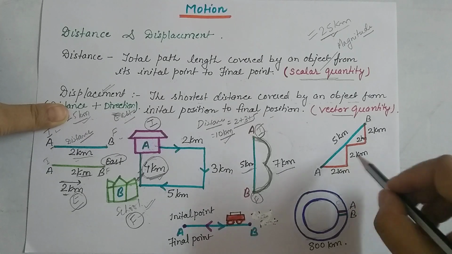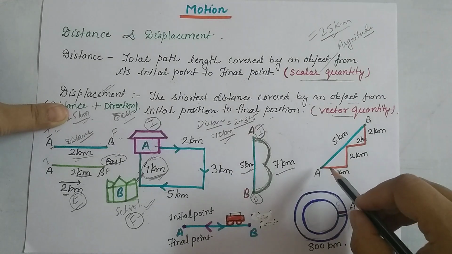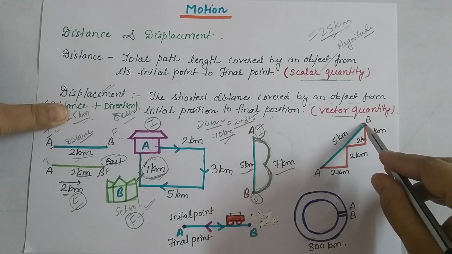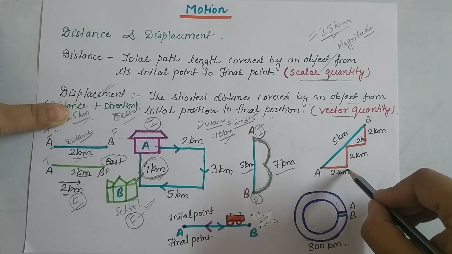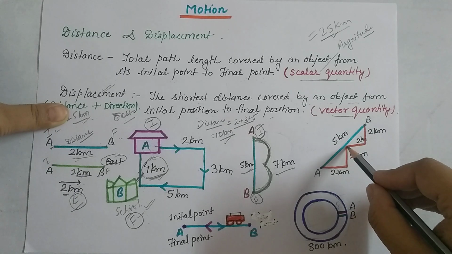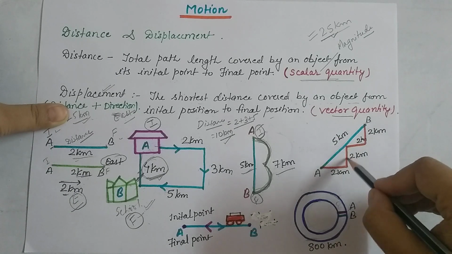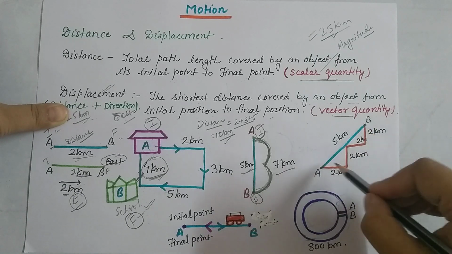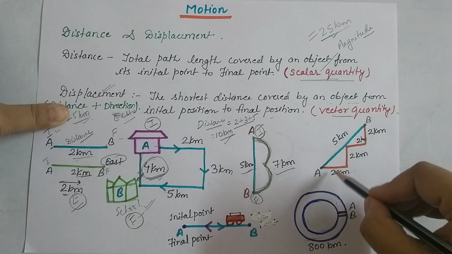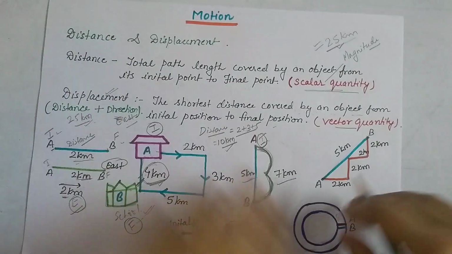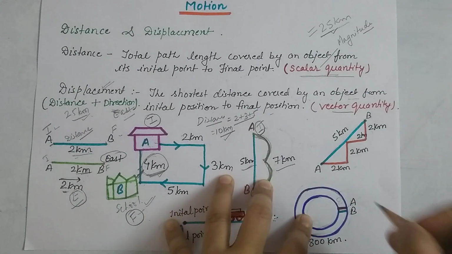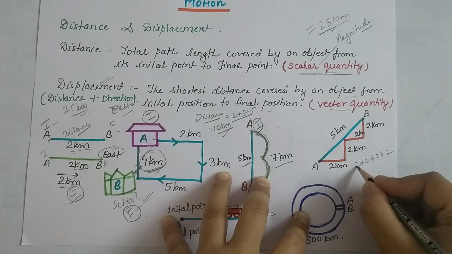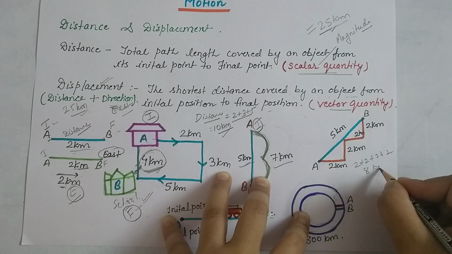Second one, the third illustration, again has an initial point and a final point. A person first moved 2 kilometer this side, then 2 kilometer upward, then 2 kilometer, then 2 kilometer. So these 2 kilometer segments show the distance. The total distance covered in this figure is 2 plus 2 plus 2 plus 2, 8 kilometer.